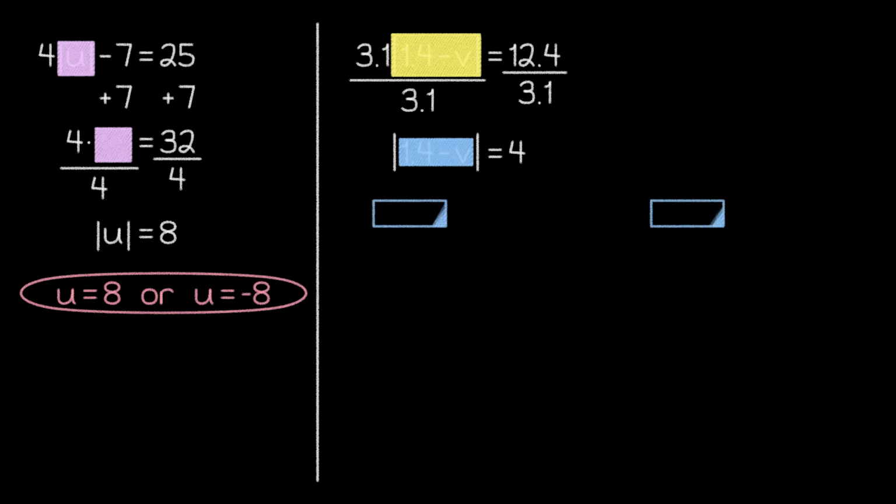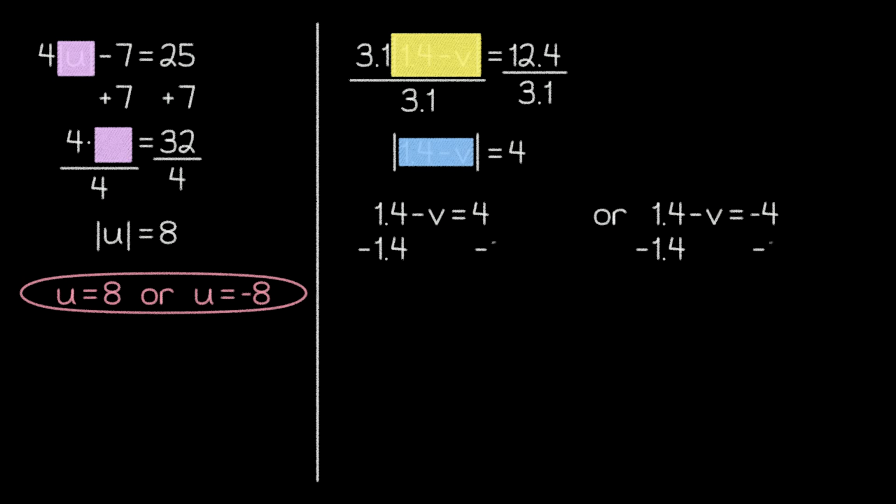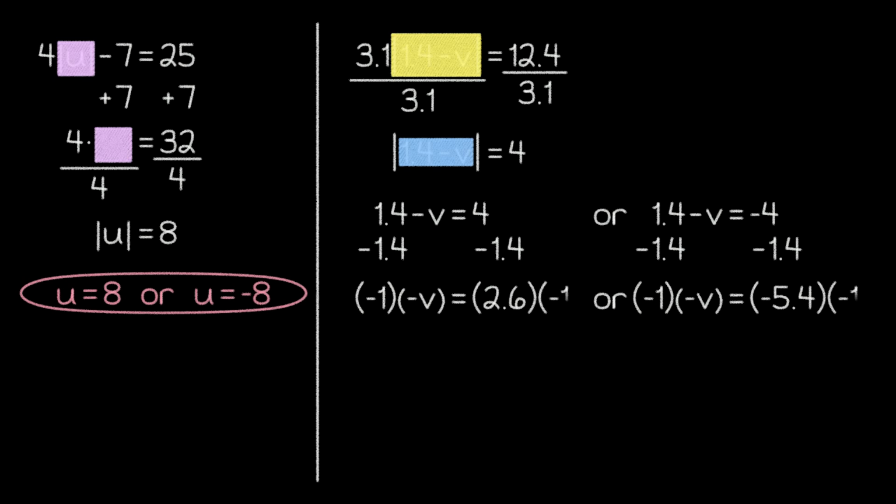This means that the expression inside the box can either be 4 or negative 4. Then, we subtract 1.4 from both sides of both equations to see that negative v can either be 2.6 or negative 5.4, which means that v can be either negative 2.6 or positive 5.4.